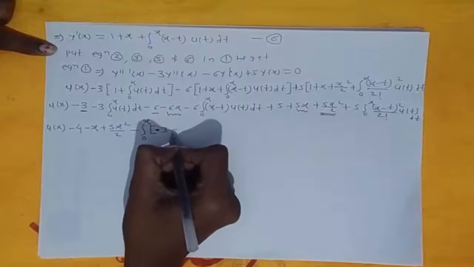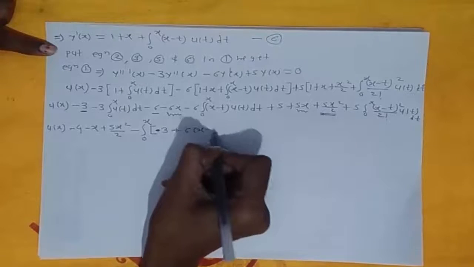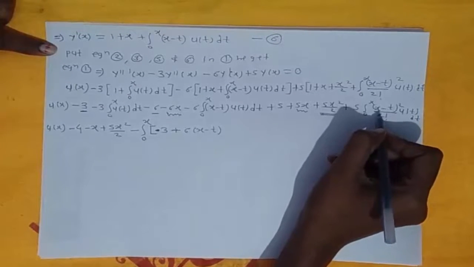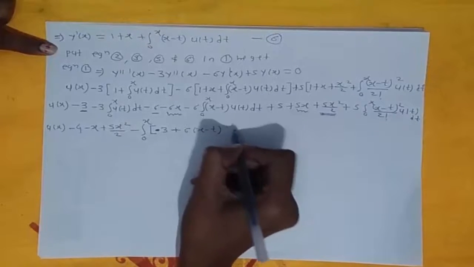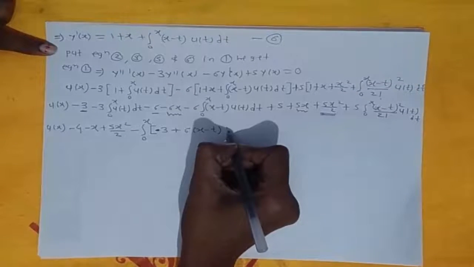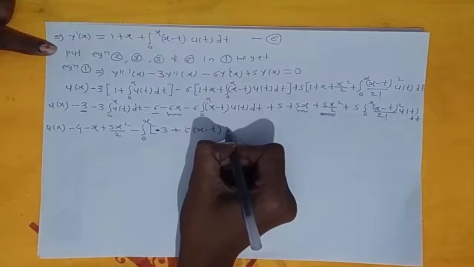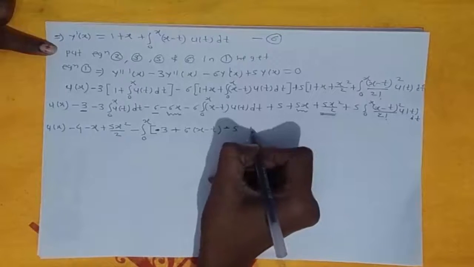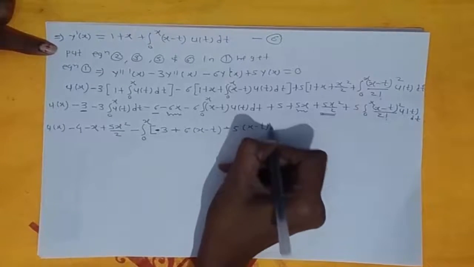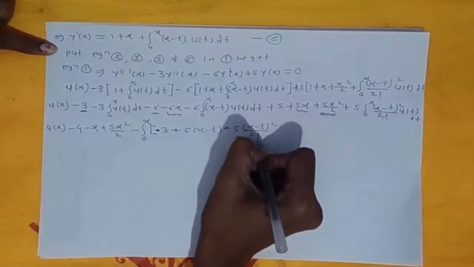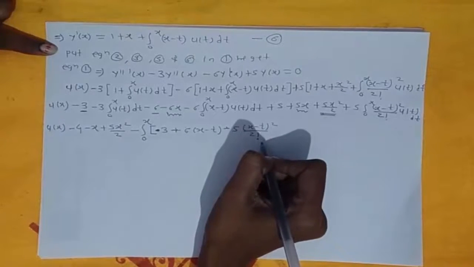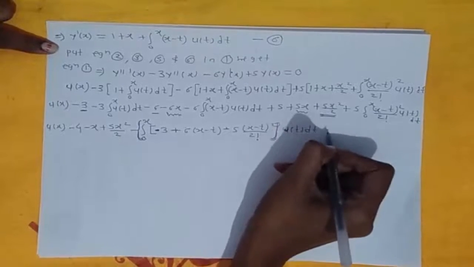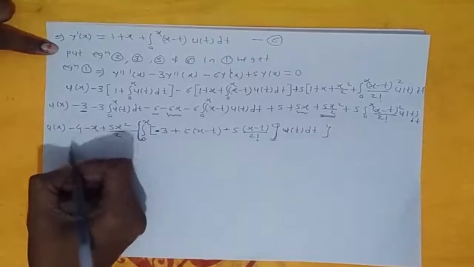Then 3, again here plus 6 in bracket (x minus t), and then the coefficient of this last integral will be, since we take the minus sign outside, minus 5, (x minus t) bracket square divided by 2 factorial. This bracket complete into u of t dt, then curly bracket complete.